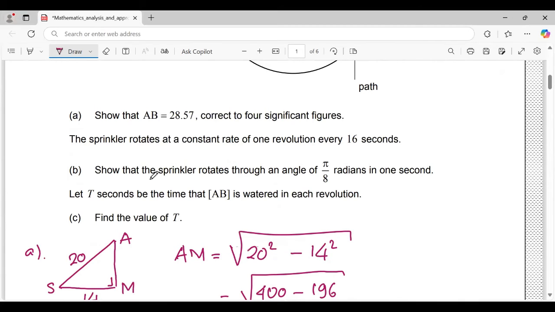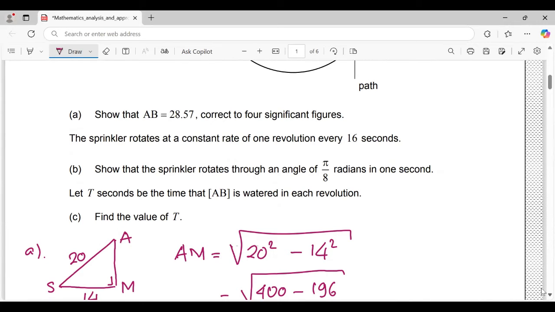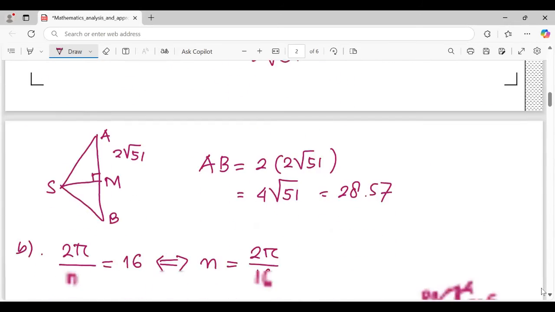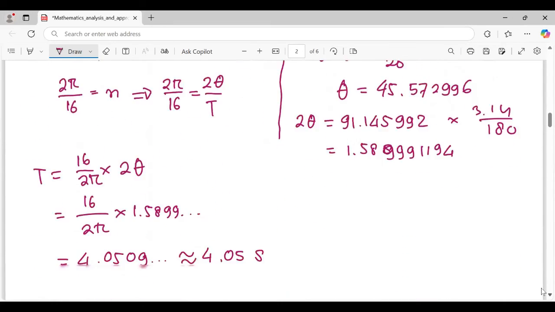The sprinkler rotates through an angle of pi over 8 radians in 1 second.